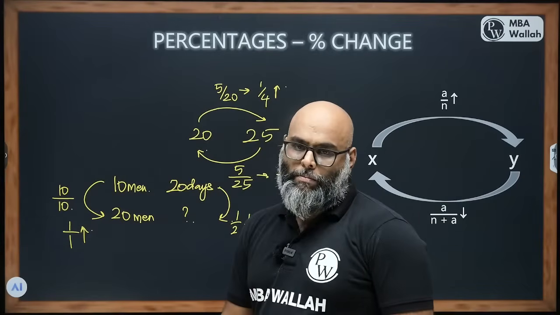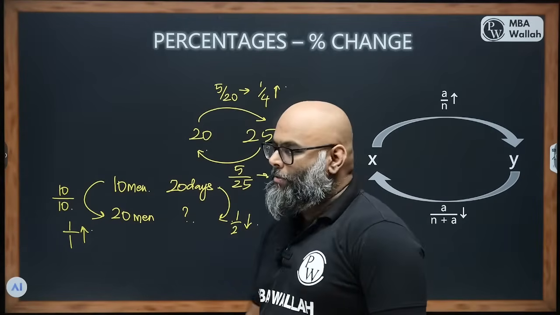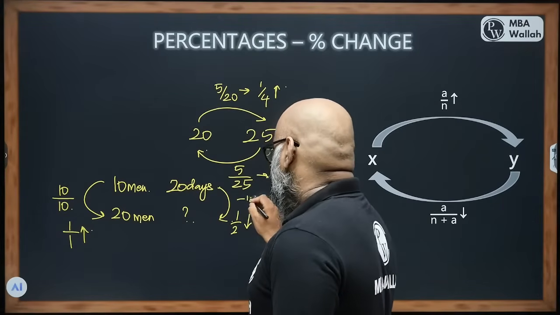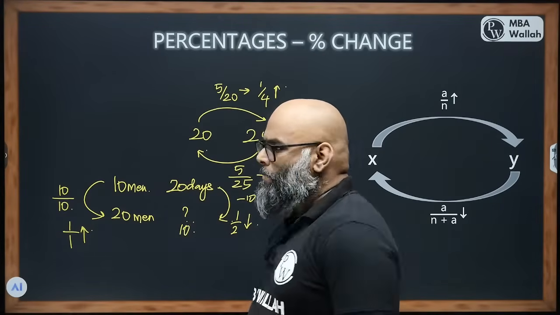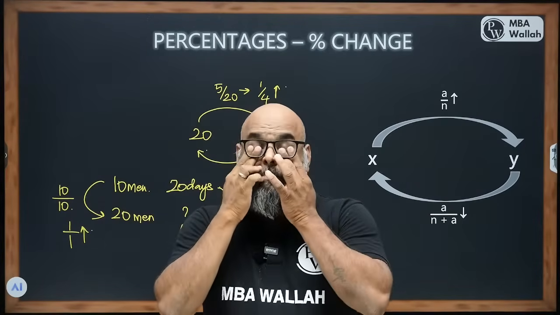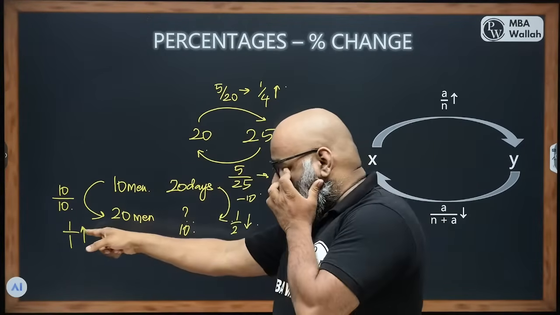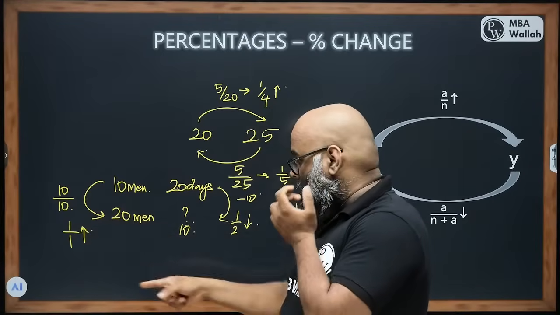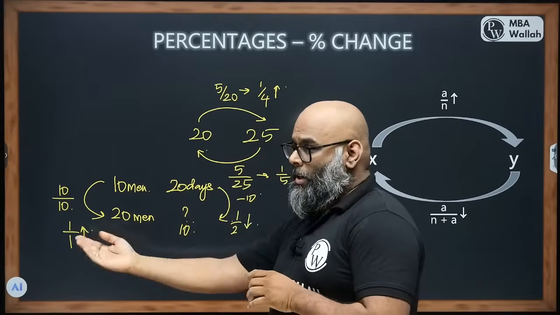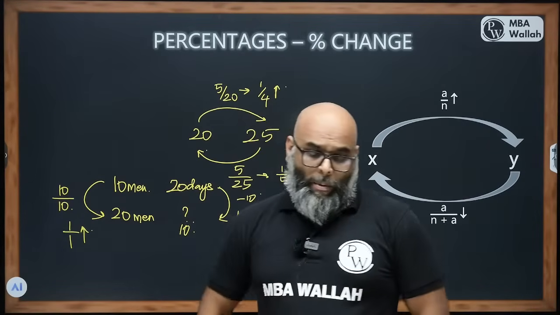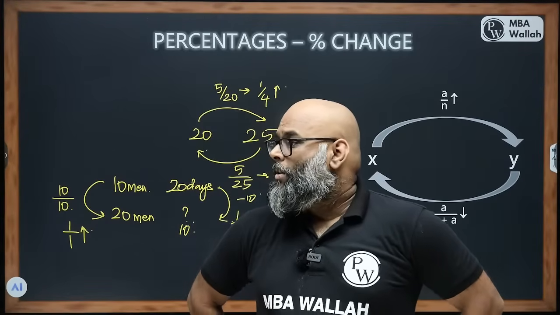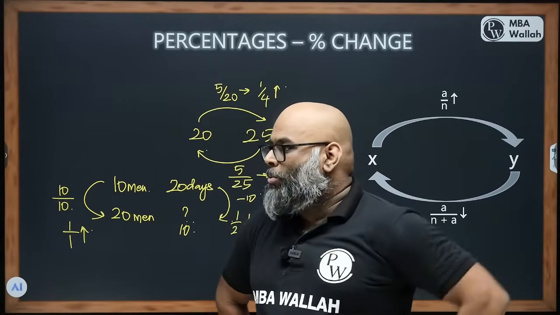You have to decrease this by half. 10 decreases. So this is 10. That's all. Simple idea. 1 by 1 increase, a by n increase, a by n plus a decrease. Inverse proportionality. The moment you see inverse proportionality, this pops in. Clear? Any doubts?